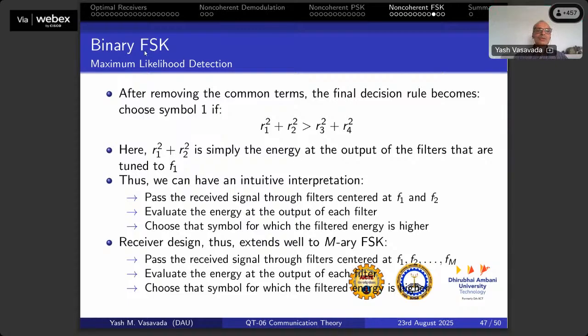So non-coherent reception of binary frequency shift keying, FSK, has a nice interpretation. It's coming from this elaborate math that we did, but the final answer is very easy to understand. That you pass the received signal through filters centered at F1 and F2.